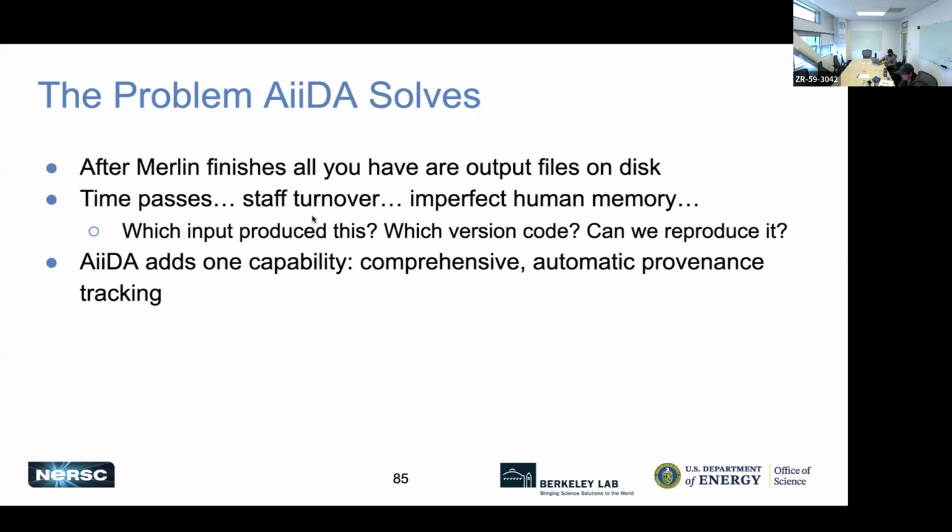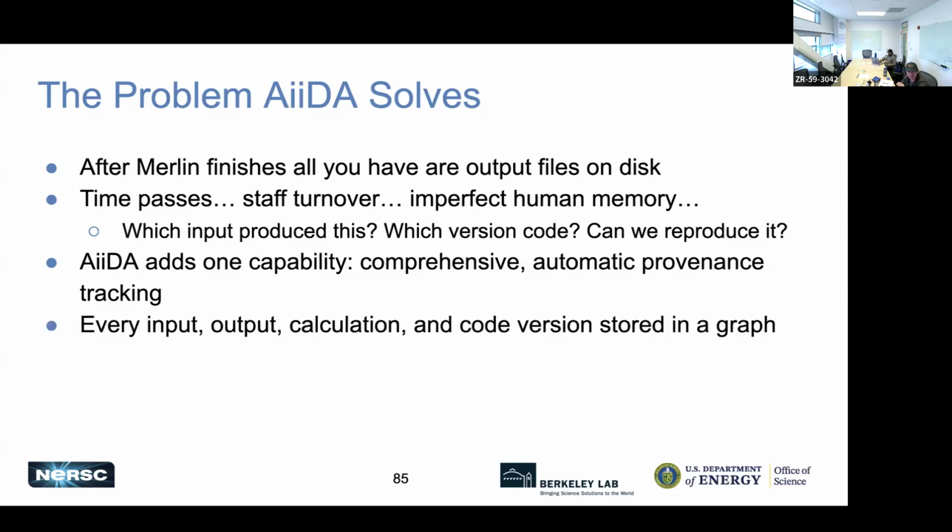So the extra layer that AiiDA is adding is a graph that keeps track of not just your pipeline and the state of your pipeline now, but the state of everything that your pipeline has been used to do in the past as a historic record, and tools to query and visualize and share information about that history.